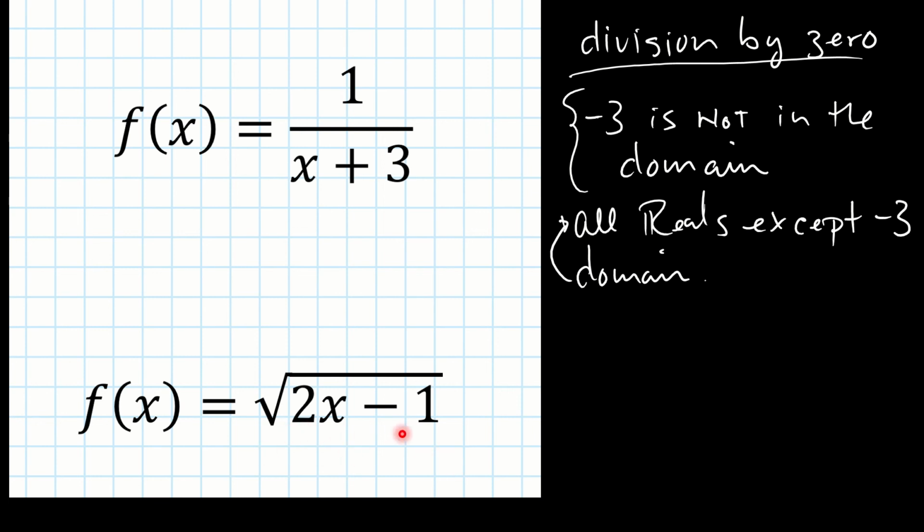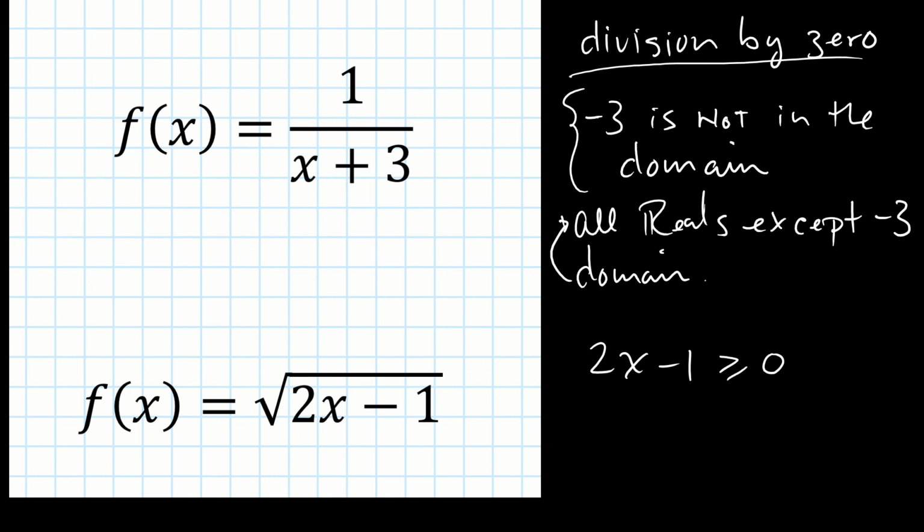I know that 2x minus 1 cannot be negative. So say it another way, 2x minus 1 has to be greater than or equal to 0. If I want to isolate and figure out what the domain of this is, I can just say 2x minus 1 has to be greater than or equal to 0.